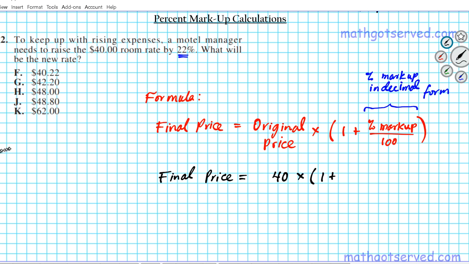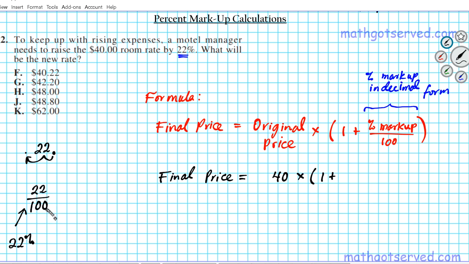If you want to change 22% into a decimal, you move the decimal point to the left 2 places, 1, 2. That gives you 0.22. Or you can do percent markup divided by 100: 22 divided by 100, because 22% in fraction form is 22 over 100.